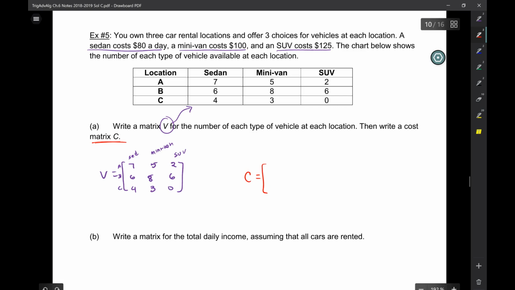You have a sedan for $80, a minivan for $100, and then an SUV for $125. So what do these represent again? A sedan, a minivan, and an SUV. Okay, so those are the matrices.